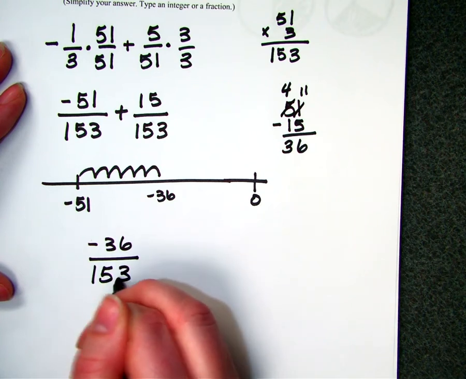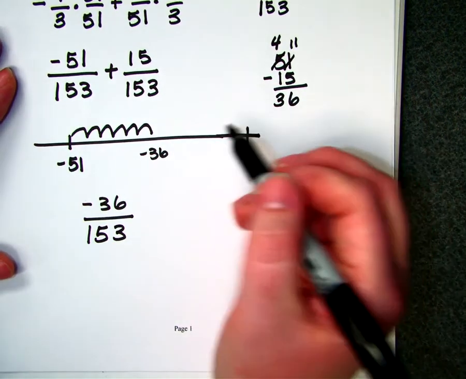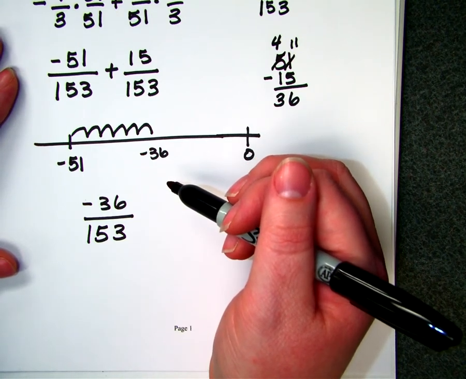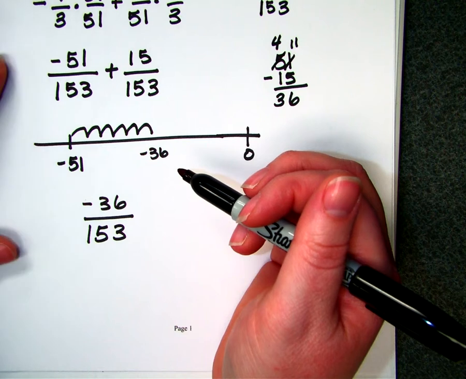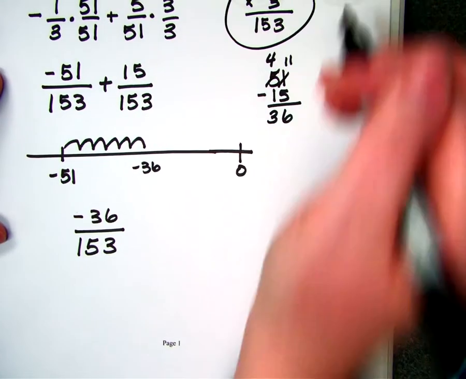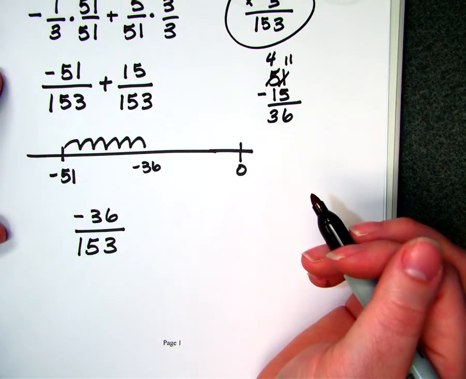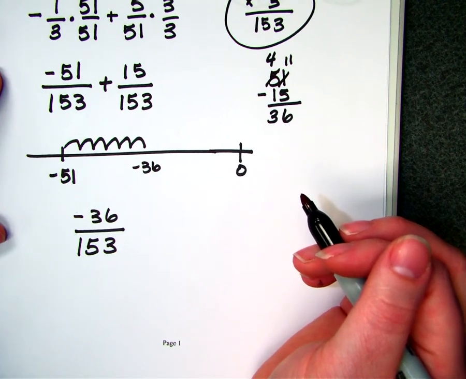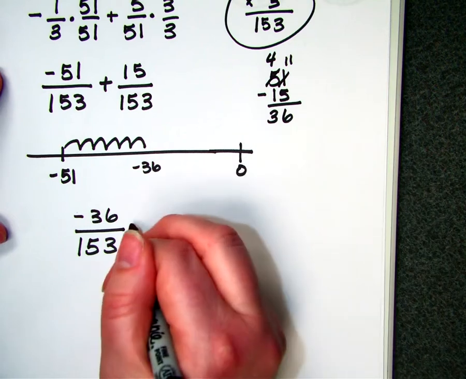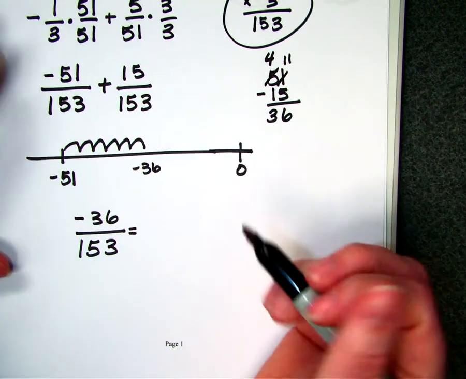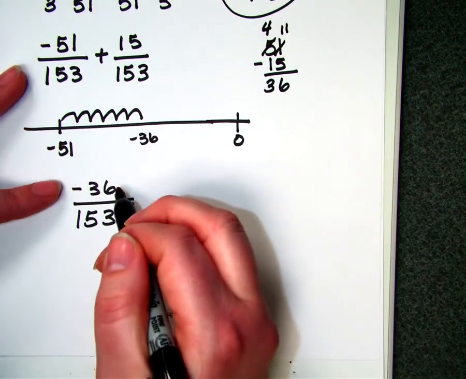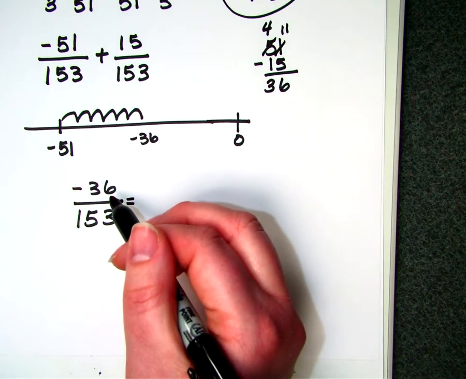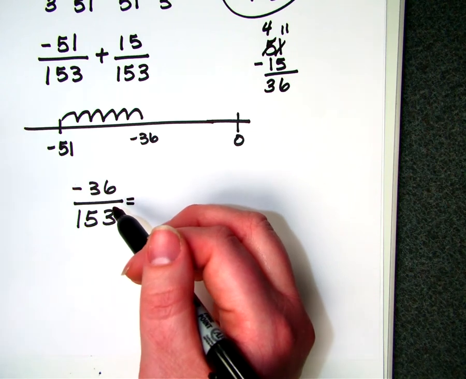and this is over 153. Now it looks like there is a smaller denominator that would have worked other than 153, but this was quick and easy for us to figure out. So if you did 153, all you would have to do now is divide these numbers by their common factors. 36 and 153 are both divisible by 3.